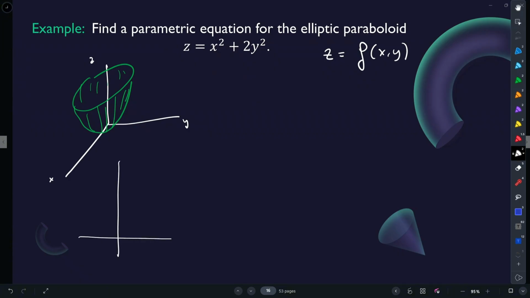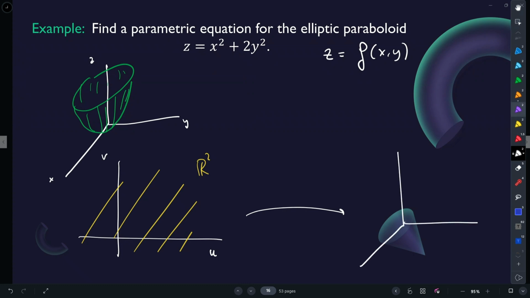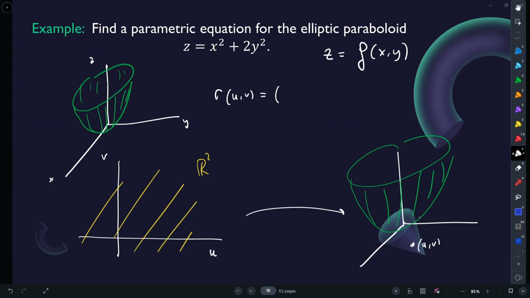They can go anywhere, so I'm going to let u and v be the entire R2, and this is going to parametrize this paraboloid by simply taking r of u and v, the coordinates, I'm going to put u and v here, and then the height, I know what the height is, f of u and v in general.